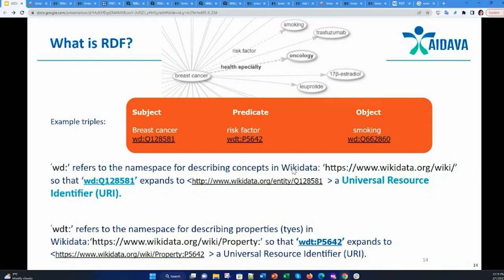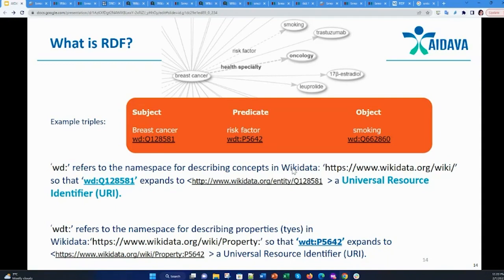Here, for these triples, because this textual information is not unique, there are different ways to present the concept names and the relation names. We're using so-called universal resource identifiers, which present unique, disambiguated concepts.